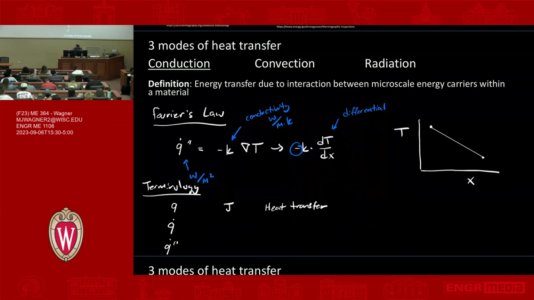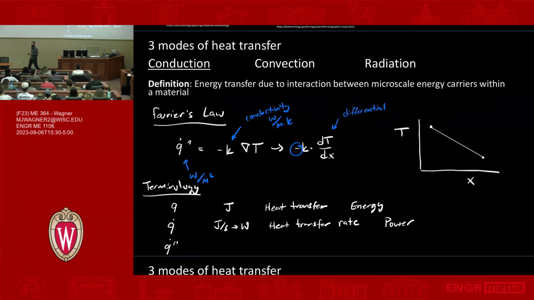And dimensionally, it's just energy. You'll see what I mean on the second row. So Q dot has units of joules per second, or watt, right? We'll call this heat transfer rate. And its dimensionality is power, right? Watts are power. So we'll talk about like thermal power, right? This is maybe weird to think about because you think about like mechanical work as power. There's thermal power as well. It is just the rate of heat transfer in time.